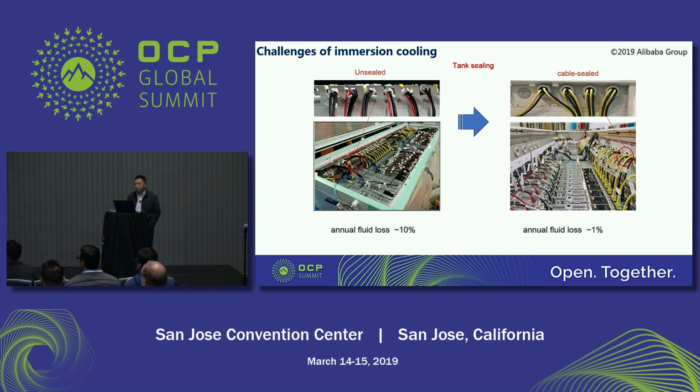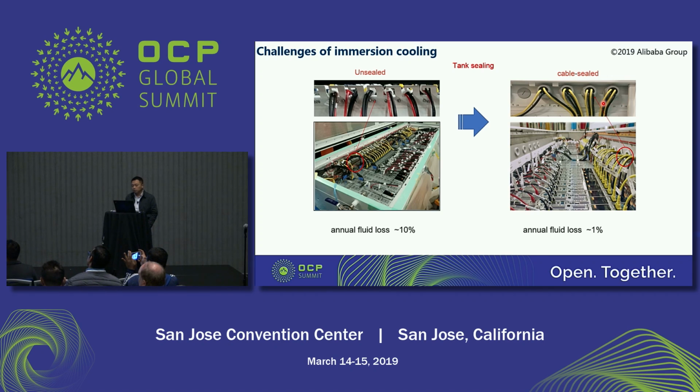About the tank design, we have designed two kinds of tanks. As can be seen from this picture, this kind of tank is unsealed. The cable is not sealed. As can be seen from the right picture, this tank is sealed.